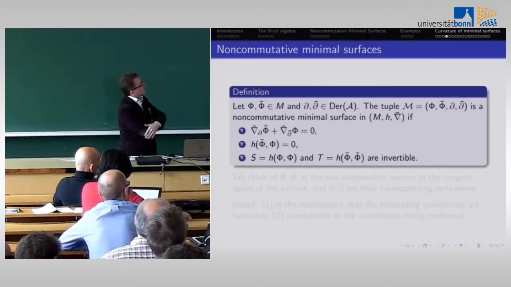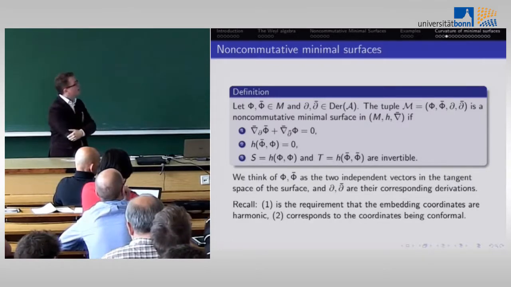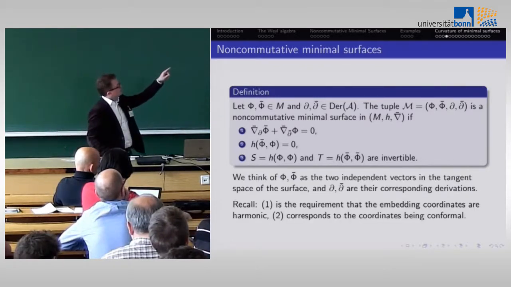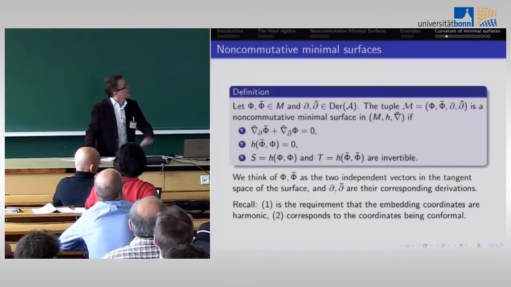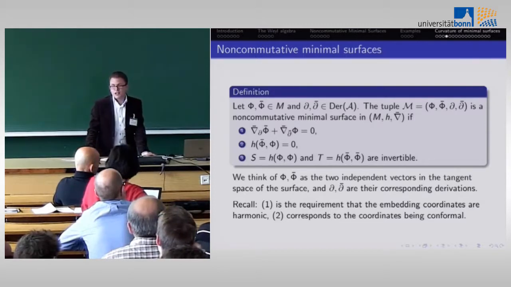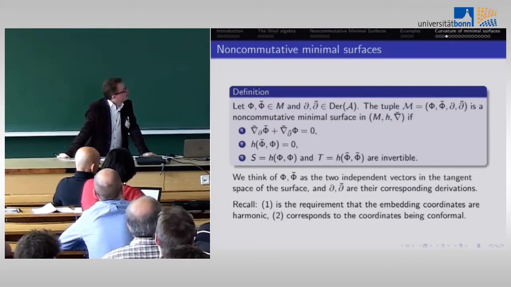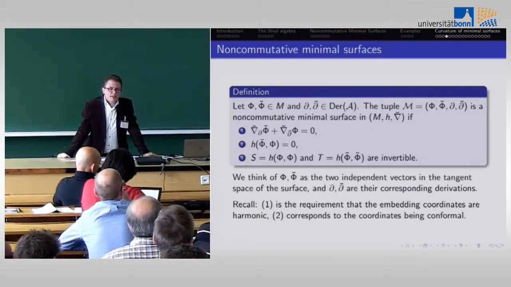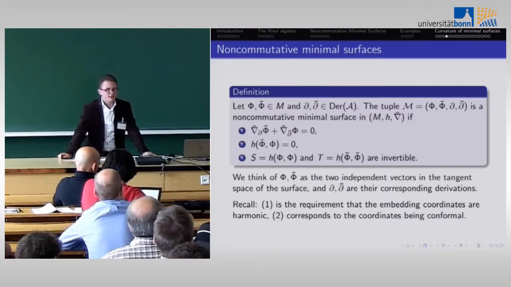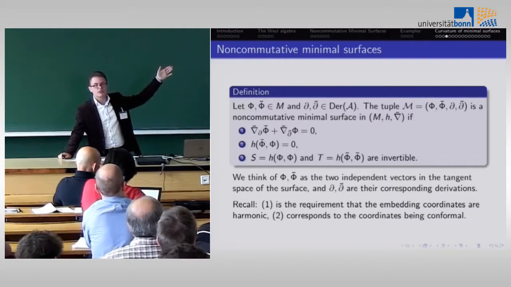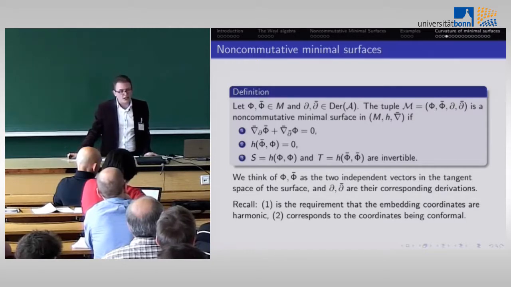So this combination of derivatives on phi is equal to 0, and that is equivalent to them being harmonic embedding coordinates. The second one is equivalent to having conformal parametrization, and the third one is something we need to be able to do anything at all, right? Now this, of course, is very general and wild, and you might ask, why do I call it a surface at all, right?